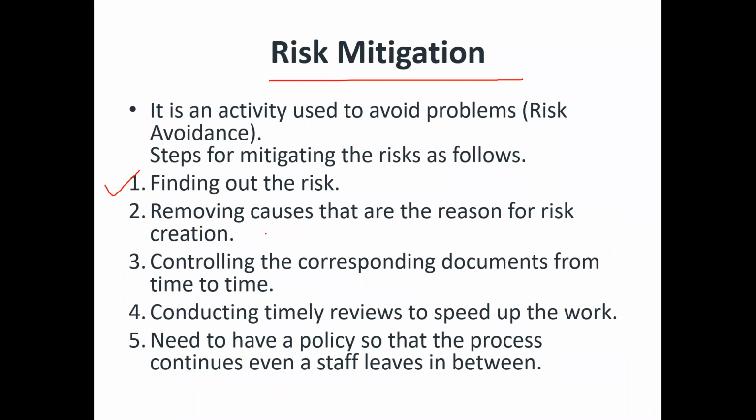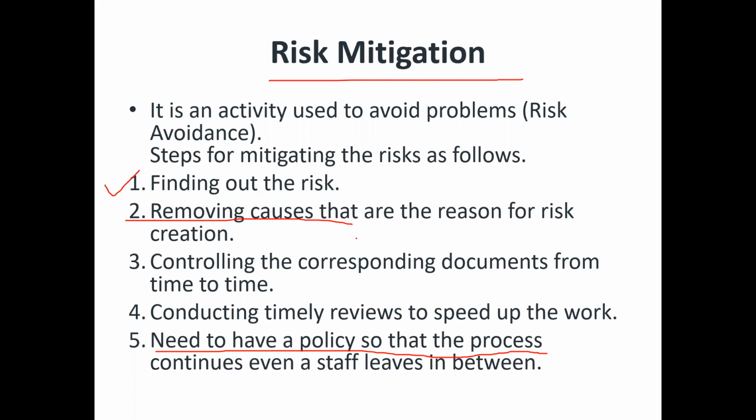That may be anything. You need to have a policy so that a process continues even if staff leaves in between. Everywhere there must be a policy according to the rule, and everyone should follow it.